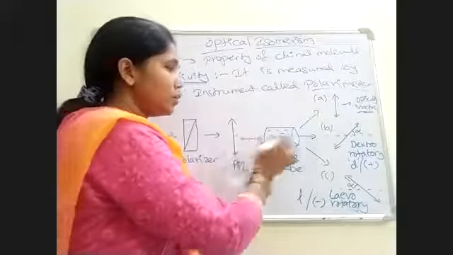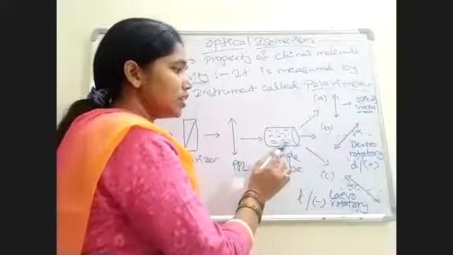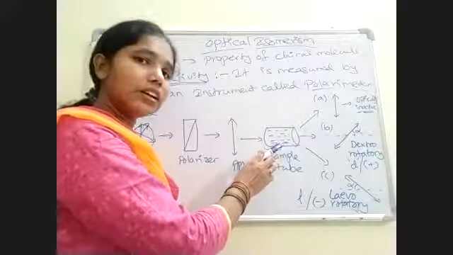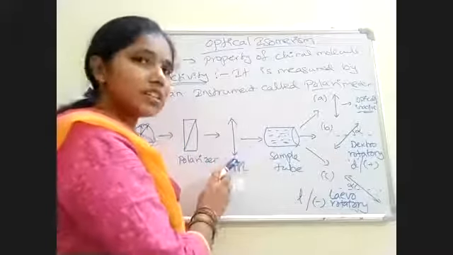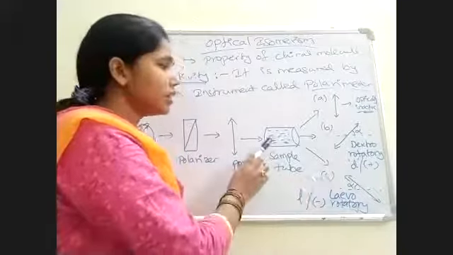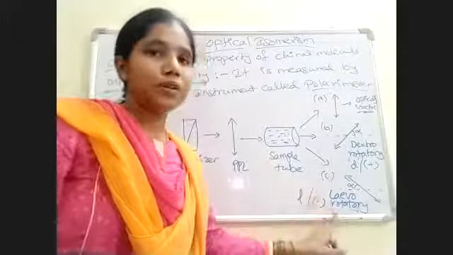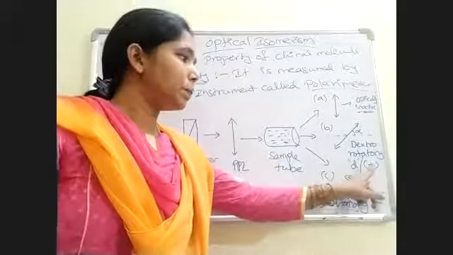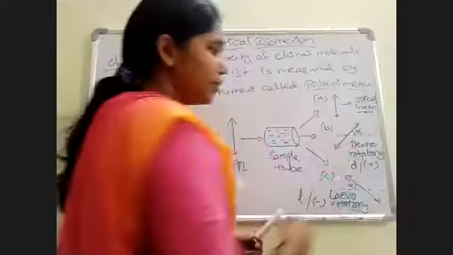If plane polarized light is turned in a clockwise direction, then that molecule is optically active and dextrorotatory. And if the plane polarized light is turned towards the left side, that is anti-clockwise direction, then that molecule is optically active and levorotatory. Plus symbol indicates this. Alpha is the angular rotation.